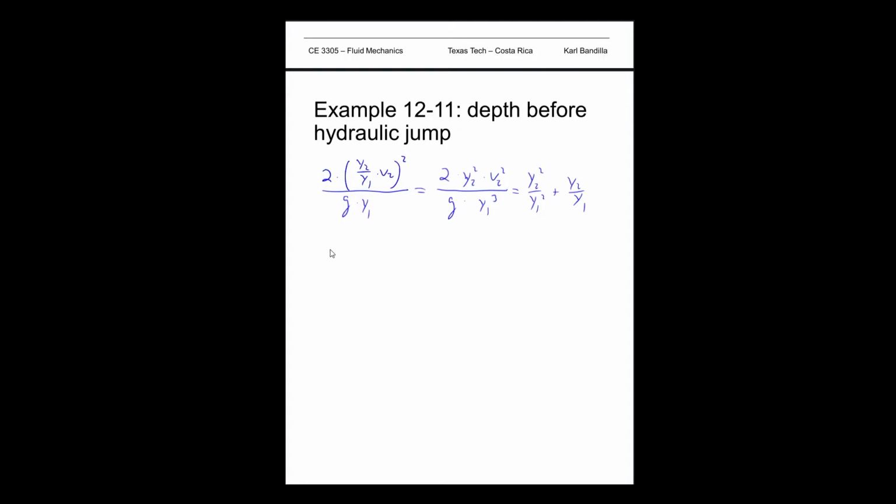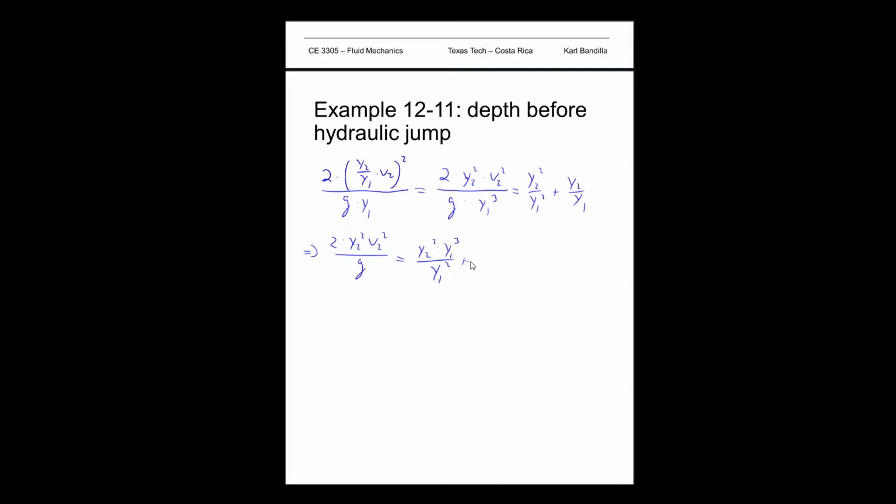And now we can start trying to solve this, because the only unknown in here now is y1. First of all, I think we'll just multiply by y1 cubed, so that we get 2 times y2 squared v2 squared divided by g is equal to y2 squared times y1 cubed divided by y1 squared.